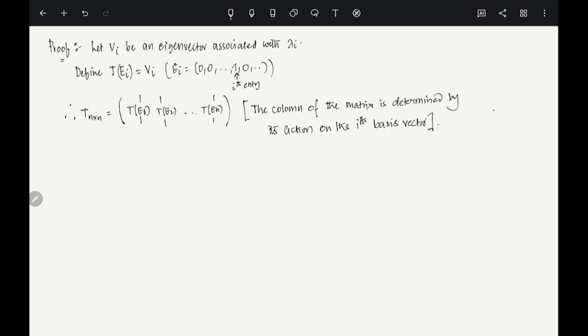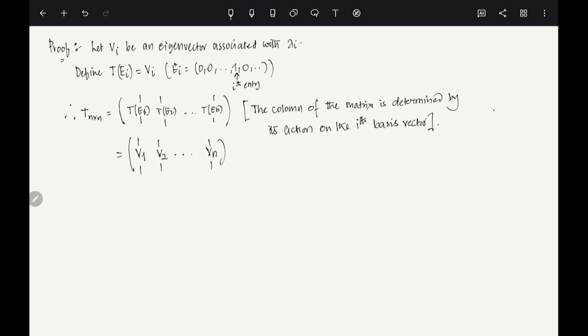Is this fine? Okay, so this is what we are basically trying to do. You have an n cross n matrix T such that the first column is T of E1, the second column is T of E2, and the nth column is T of En. Clear? So this matrix is nothing but V1 as the first column, V2 as the second column, and Vn as the nth column, because that's our definition, right? These are the columns.